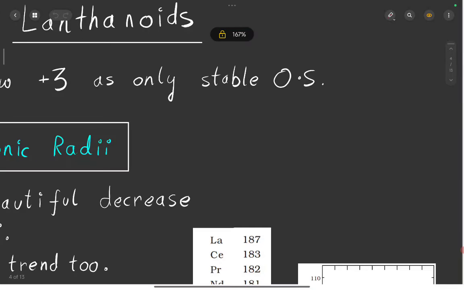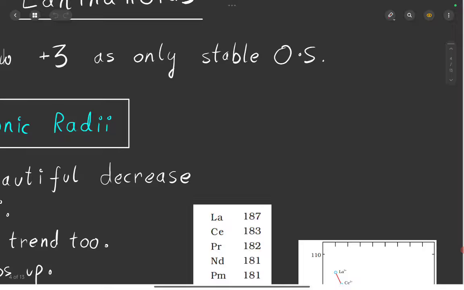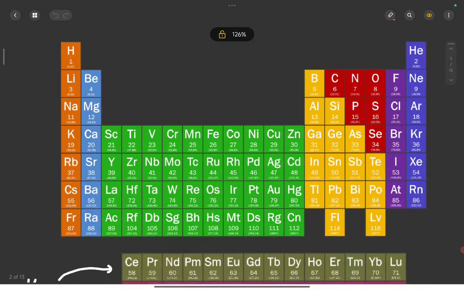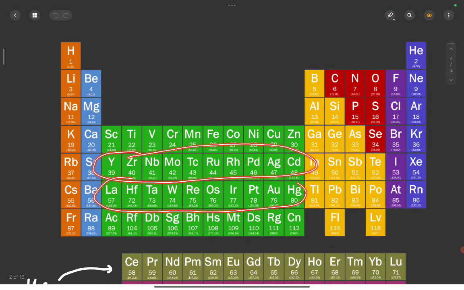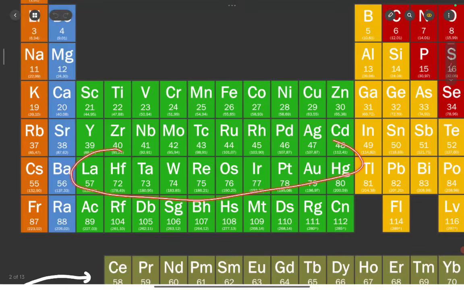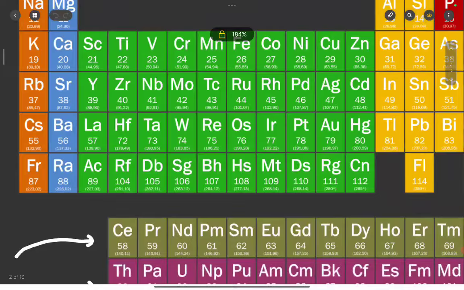Now, as a consequence of this, look at the radius of a 3d element and of a 4d element. This is the transition series, and I'll explain it on the periodic table. This is the 4d transition series, and this is the 5d transition series. Notice that in the 5d transition series there is a small gap, and this gap gives birth to the lanthanoids.